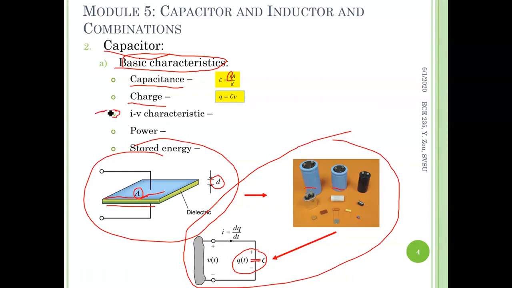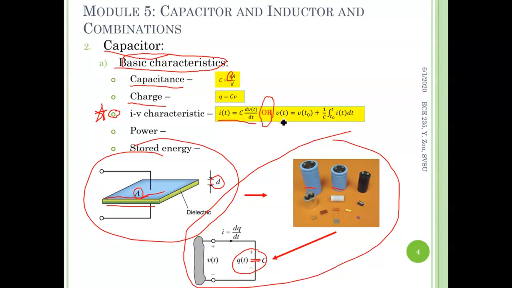Next is the most important characteristic we need to know, the IV characteristics. There are two equivalent ways, back and forth. First, if you're looking for the current through the capacitor, it equals the capacitance times the derivative of the voltage across it with respect to time.